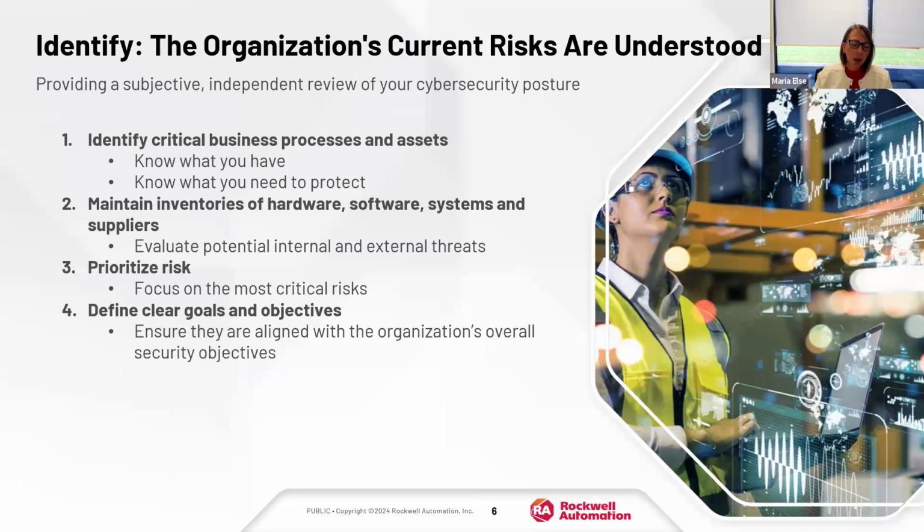And make sure that everything that you're doing and defining is really aligned with the organization's overall security objectives that we should be defining as part of the govern function. And when we define goals, make sure that they are smart, realistic and achievable, so that we don't start to have pie in the sky type of goals and assets.